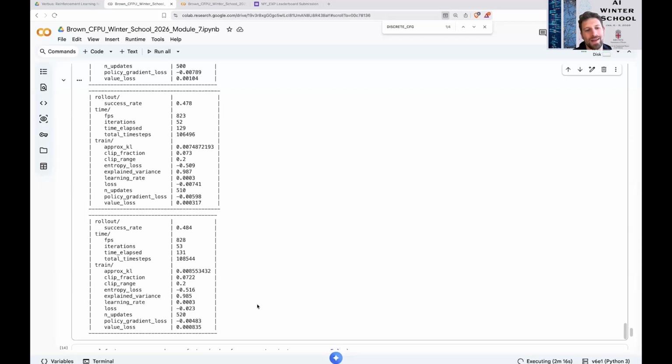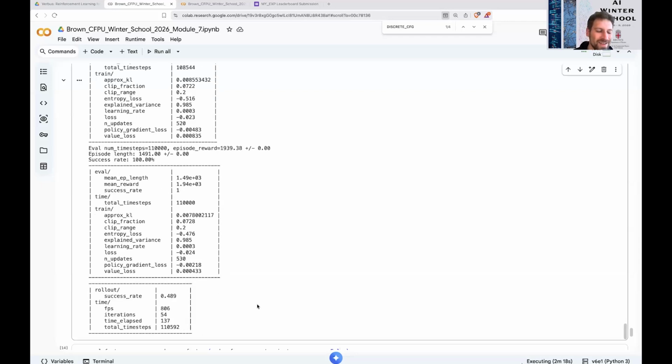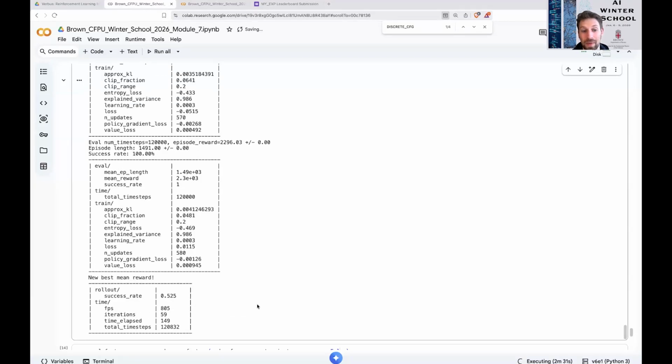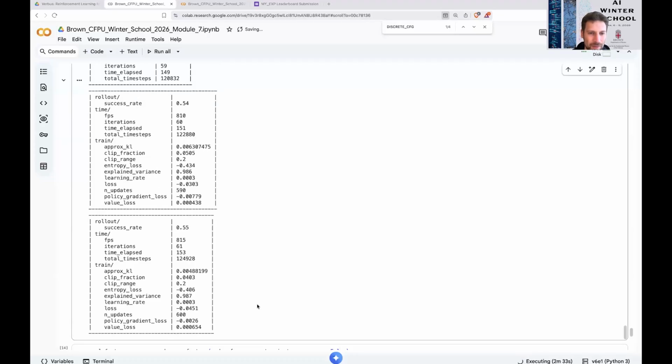In practice, that's the way you would do it. In this demo, it's a little bit more of an art, where we're intuiting, based on what the agent is doing well and not doing well, what parameters to change to get better results in the next experiment.